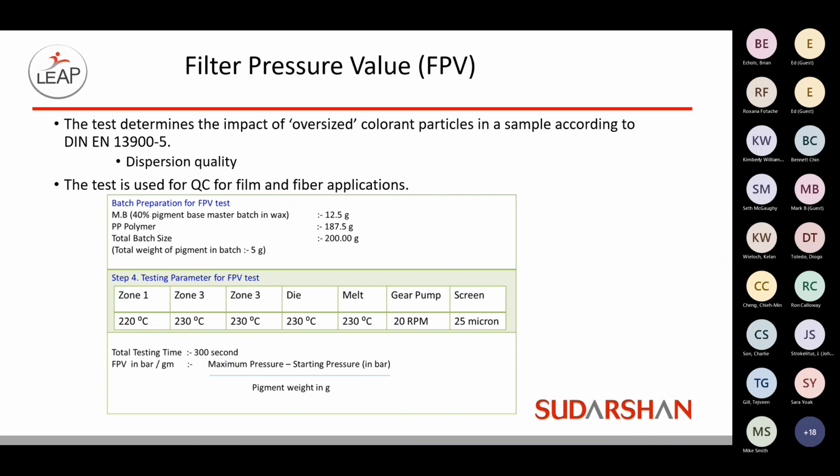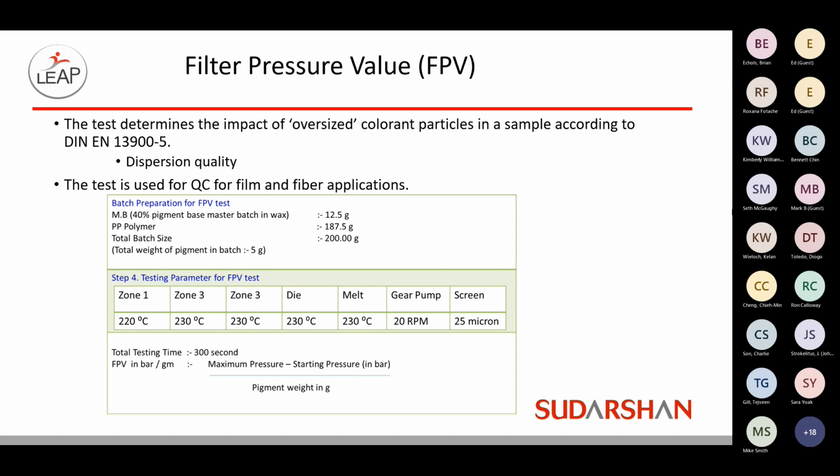So as far as plastics are concerned, a great test to understand how easily dispersed a pigment might be is the filter pressure value. This determines what the impact of any oversized particles might be in terms of how well the dispersion is. It's also used as a QC test for understanding which products are appropriate for film and fiber applications.